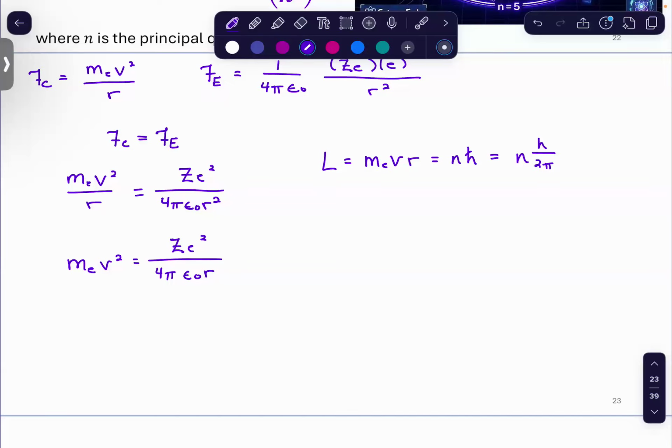Okay, so if we say that m_e v r equals n h over 2 pi, we can come up with a velocity of n times h over 2 pi m_e times r.